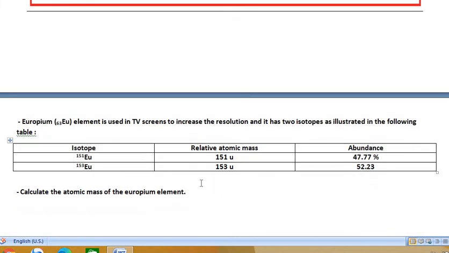For example, if you want to calculate the atomic mass of the element europium, Eu, europium contains 2 isotopes, Eu-151 and Eu-153.